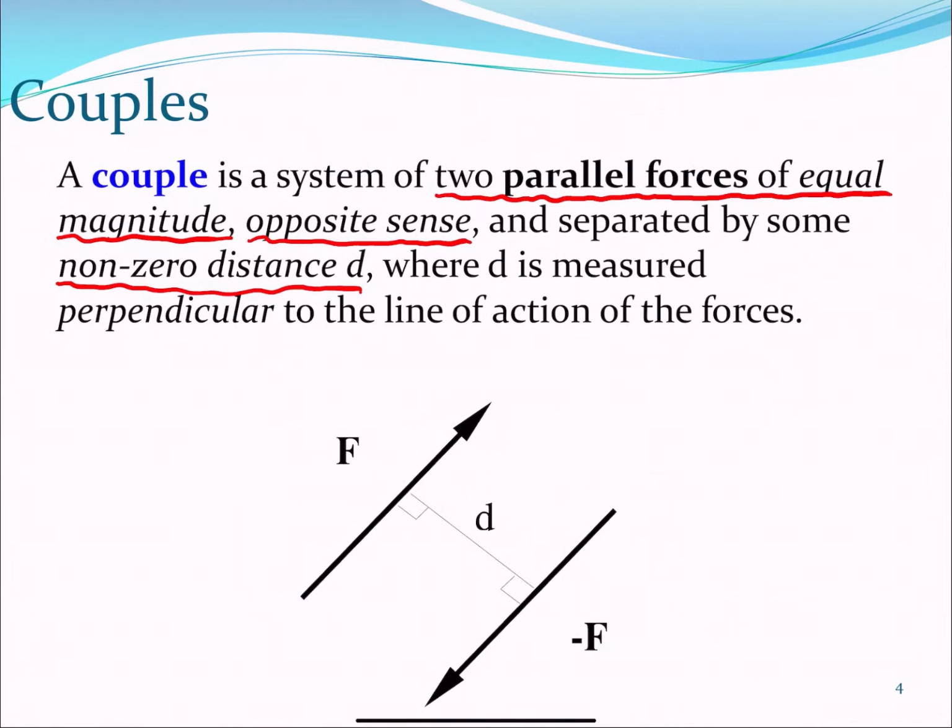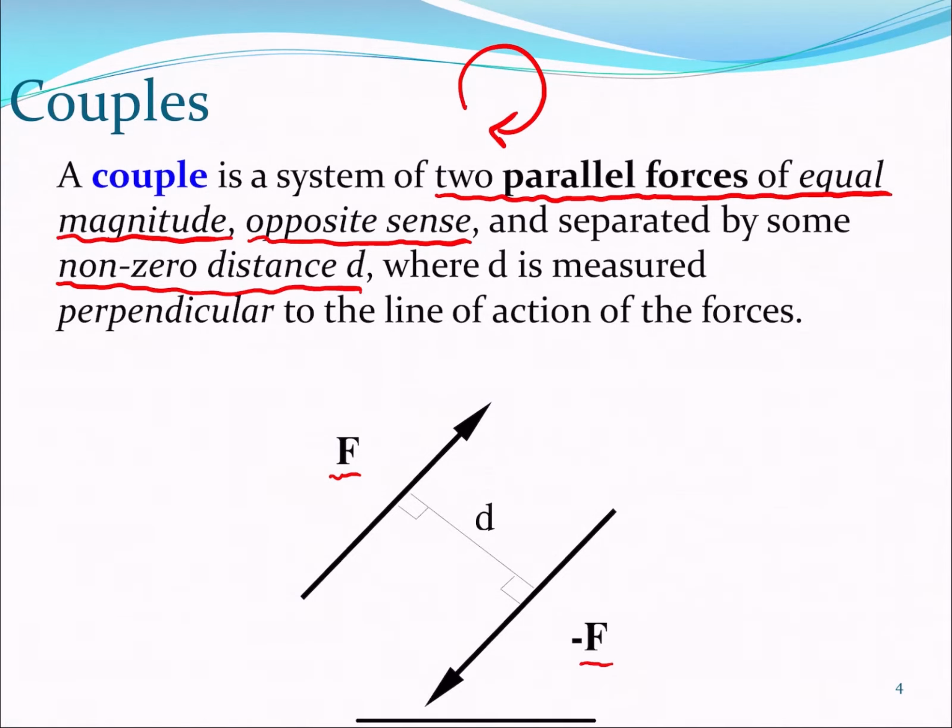So here we have our two forces. One is acting up, and one is acting down. They are exactly identical and they are separated by a distance d, which is perpendicular to both vectors. Sometimes we just don't have a rotation, just floating in space, but we have two parallel forces coming and going in opposite senses.